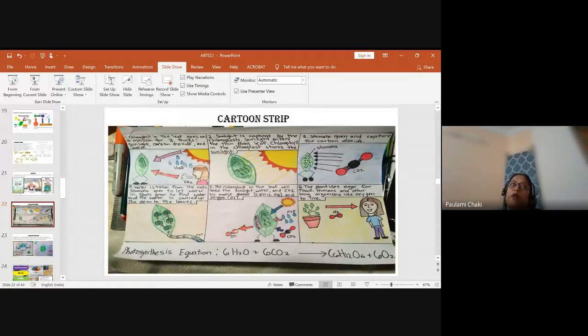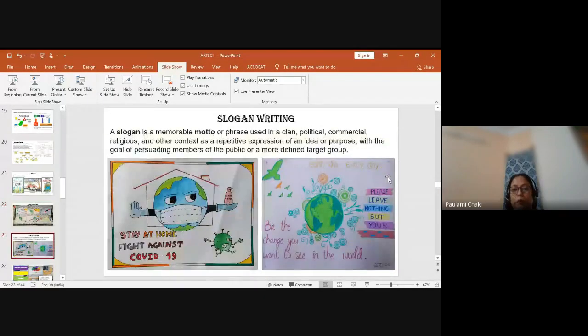In grade 10, you can have dental caries, and that can be a very good cartoon strip. Then communicable diseases, vaccination, those concepts can be taught in a very good way by introducing the cartoon strip as an art integrated form.